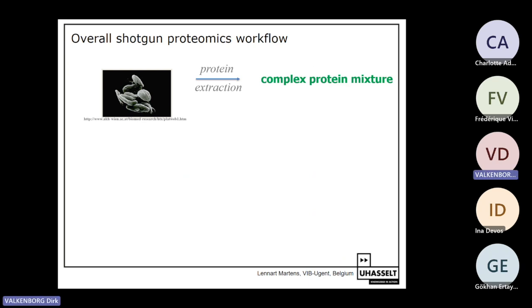So we don't want to analyze proteins directly. We have been talking about that. We want to analyze proteins by means of their peptides, because peptides are much smaller and much easier to make linear. They behave much better on the column and in the mass spectrometer, and they are a more homogeneous population.